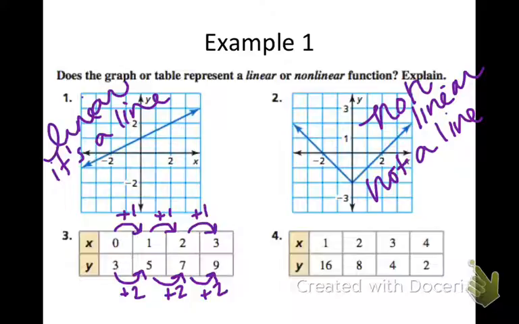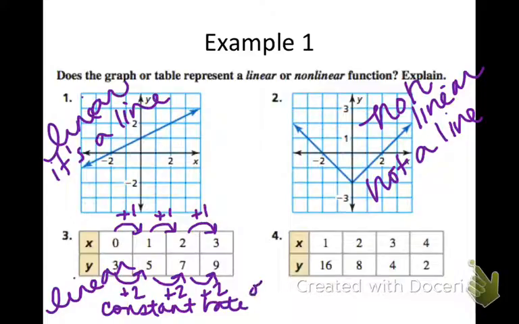So it would have a constant rate of change, so therefore it would be linear. As x increases by 1, y increases by 2, so it is a constant rate of change.